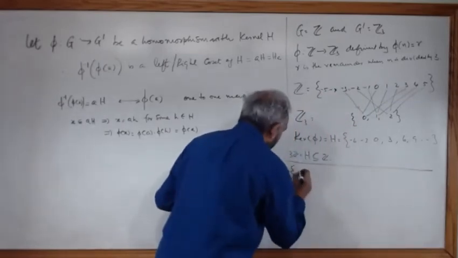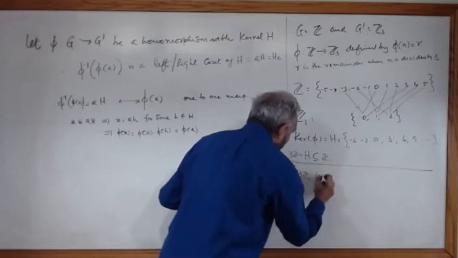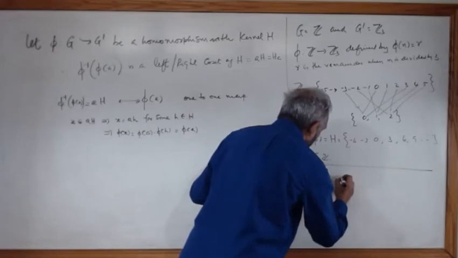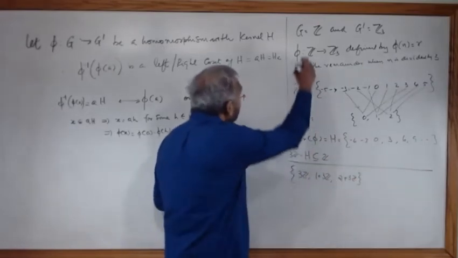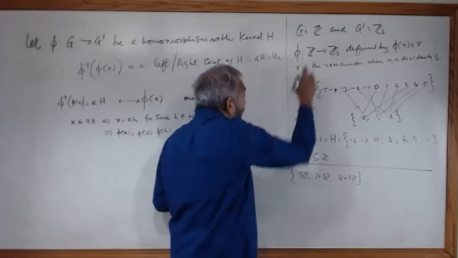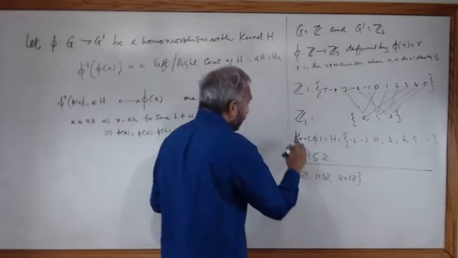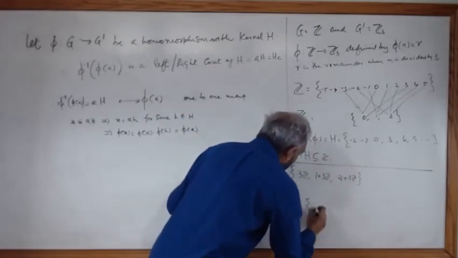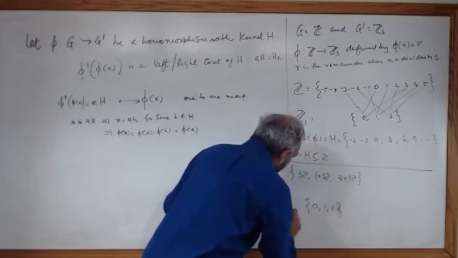The collection of cosets is 3Z, 1 plus 3Z, and 2 plus 3Z. These are subsets of Z. See, Z is divided into disjoint subsets like this. And our phi of G is just 0, 1, 2. This is our phi of G.